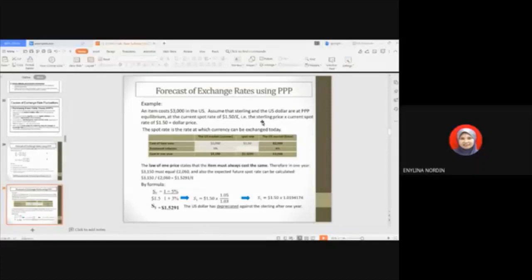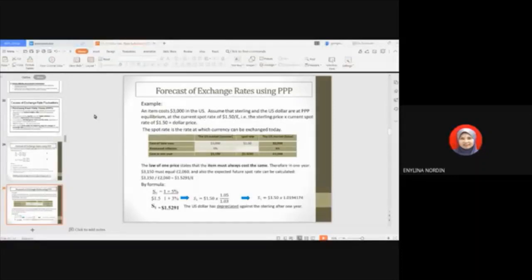That is, the sterling price times the current spot rate of 1.50 equals the dollar price. That is how we get the exchange rate. The spot rate is the rate at which currency can be exchanged today, the current rate.